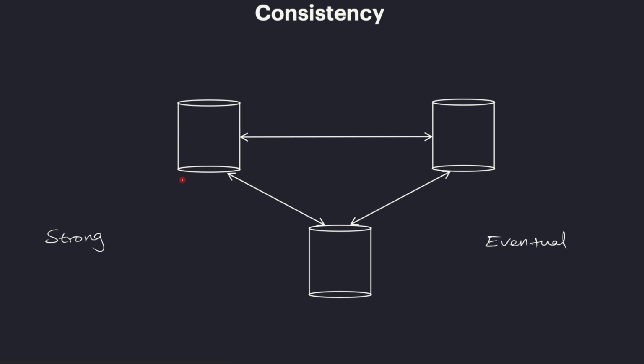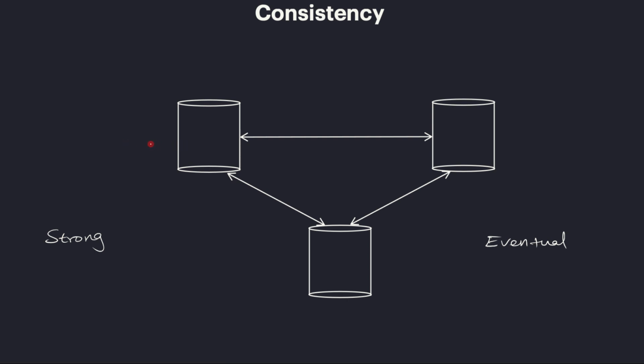But the downside of strong consistency is that it is going to be slow, right? These database copies might be distributed across the world and there could be many such copies as well. So when your change is written to this copy and you wait for that change to be replicated across all these other copies before you confirm to your client that this write operation has completed successfully, which is in this case the money transfer, that is going to take a while.